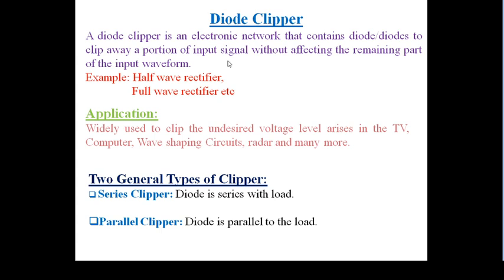In this lecture we will only discuss the series clipper. In the next lecture we will cover the parallel clipper. In a parallel clipper, the diode is connected in parallel with the load. So these are the two types.